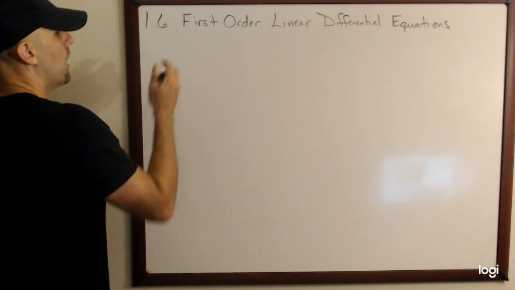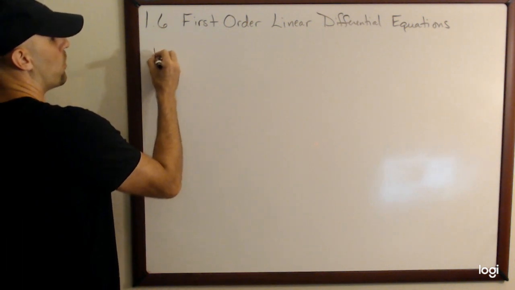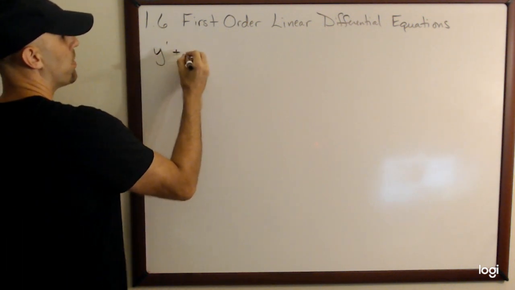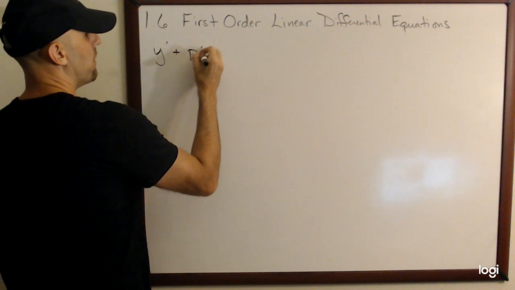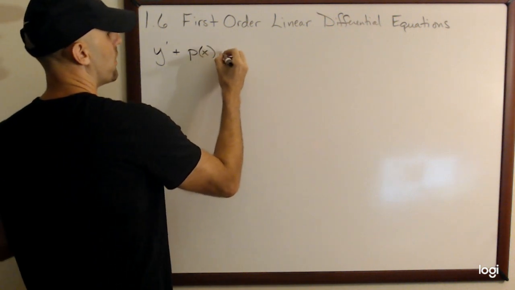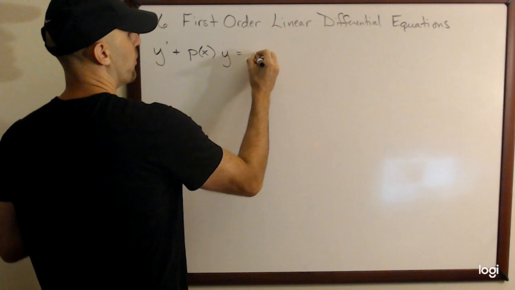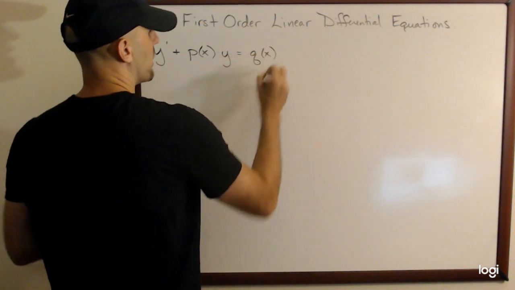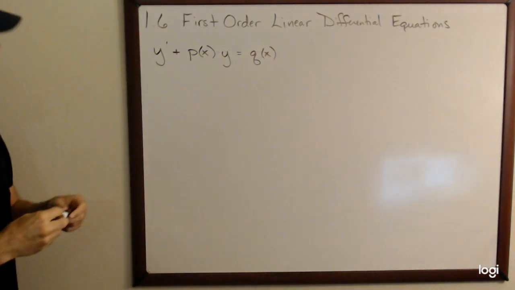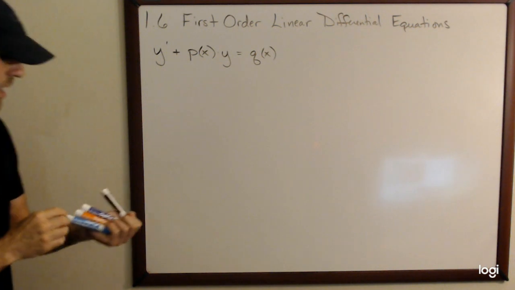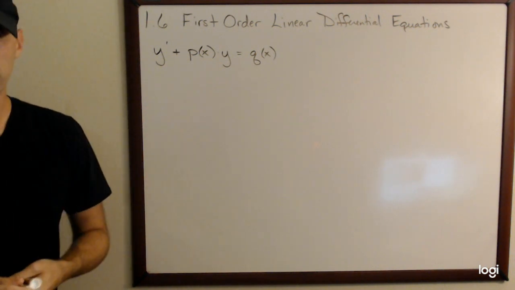Okay. So what I have currently is y prime plus p of x, don't know what that is, times y is equal to q of x. So how can I solve this? Well, I'm going to make an assumption first.